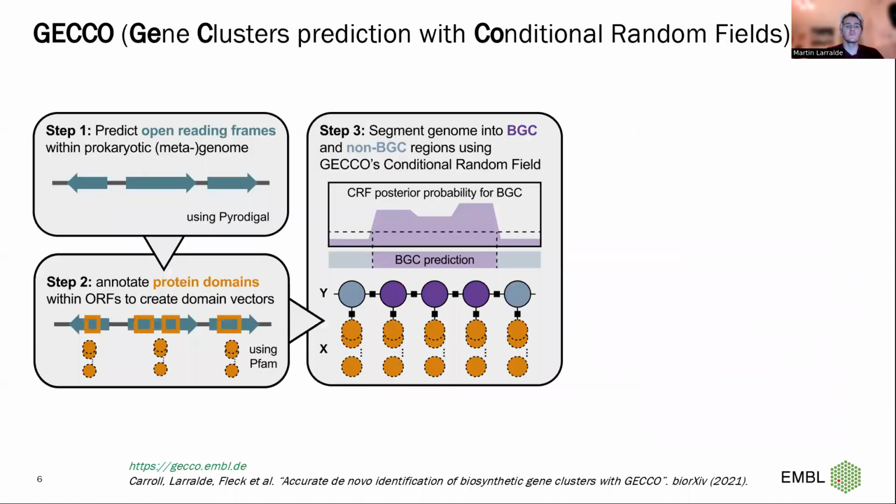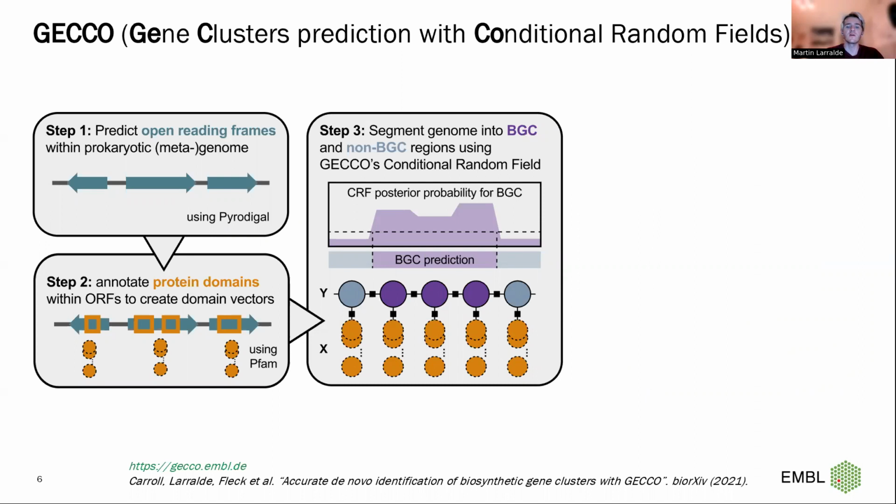To address this problem, we developed GECKO, which is gene clusters prediction with conditional random fields, our new method for model-based BGC prediction. To do so, we start by predicting open reading frames within prokaryotic genomes and metagenomes using Prodigal. Then we annotate these proteins using protein domains from PFAM to create domain vectors.